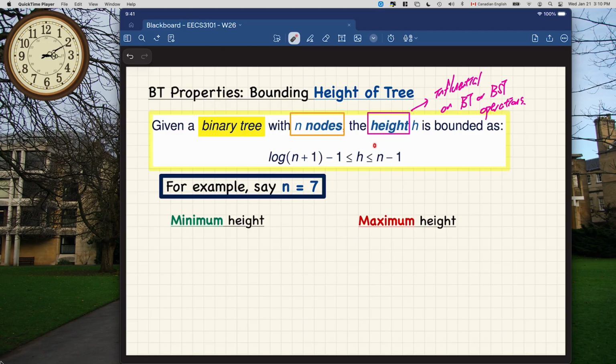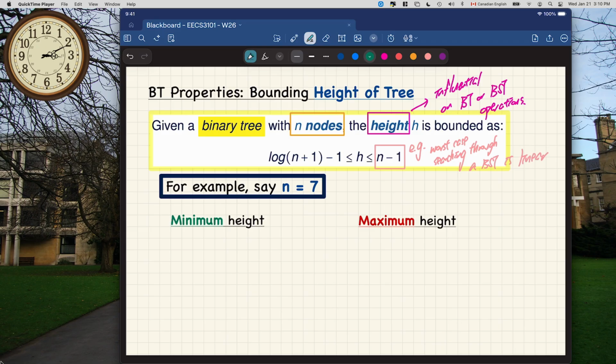However, if you got a very unbalanced tree, in that way, searching through it is going to be linear. You can think about, for example, the worst case, searching through a binary search tree is linear.